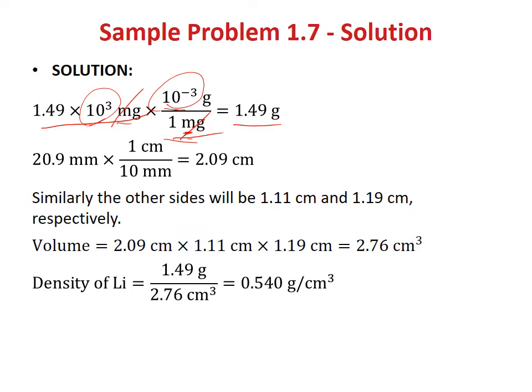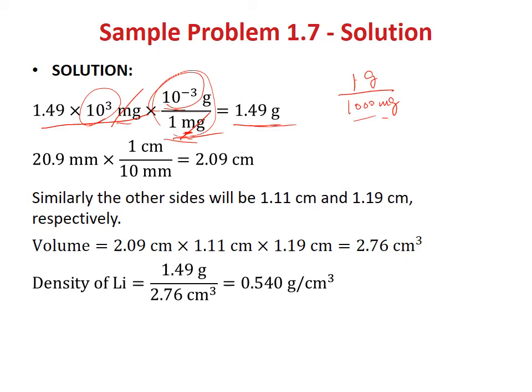Now this conversion factor you can also write as 1 gram is 1000 milligram. Always remember milli is smaller than 1, so 1 gram is 1000 milligram, or 1 milligram is 10 to the minus 3 gram. By doing that, you will get the same answer.